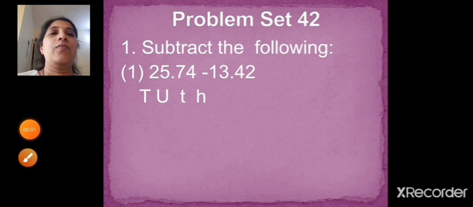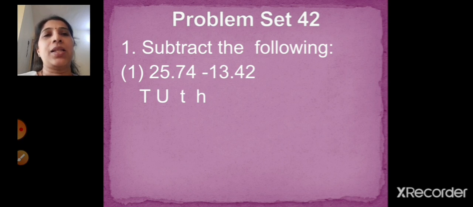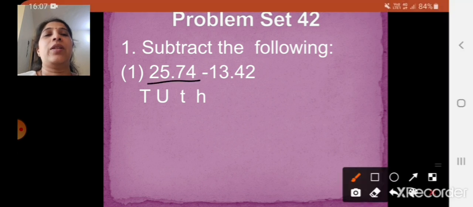Now let's solve problem set 42. First one is subtract the following. In that first one is 25.74 minus 13.42, right? Now 25.74. After the decimal point, which numbers are there? 7 and 4. So 7 will be in your tenths place and 4 will be in the hundredths place. And before the decimal point, which number is there? 25.